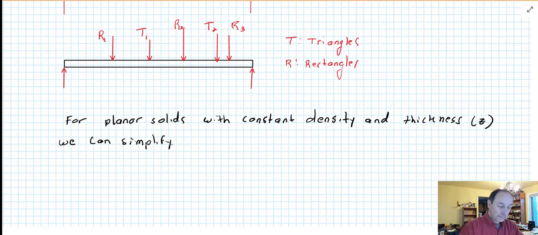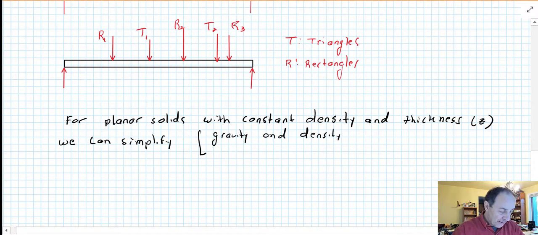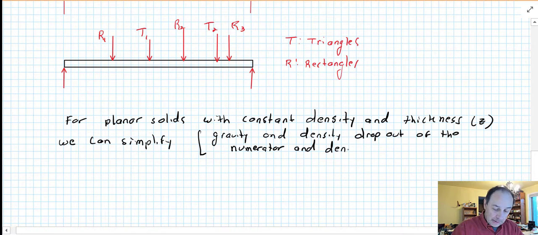Basically, if you were to go through this, what happens is gravity and density drop out of the numerator and denominator when you assume constant density.